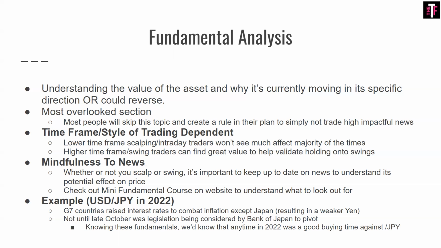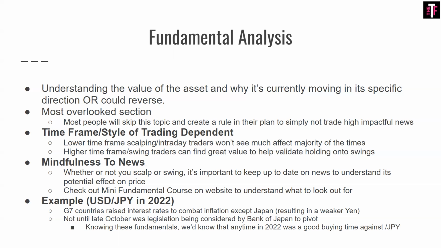As an example, I'll actually go over this in the charts after we finish this. The G7 countries, aka Canada, France, Germany, Italy, Japan, UK, US, and basically the European Union. In 2022, at the beginning, they had a meeting where they were all going to raise interest rates to combat inflation, except Japan.